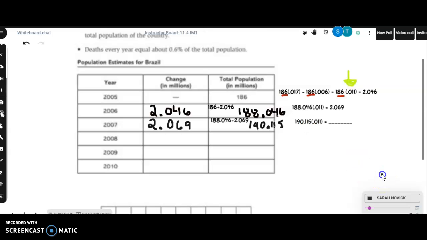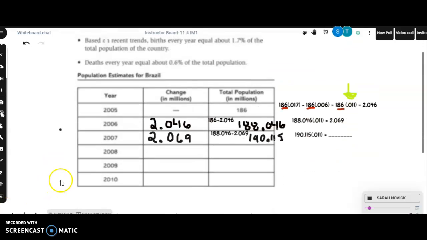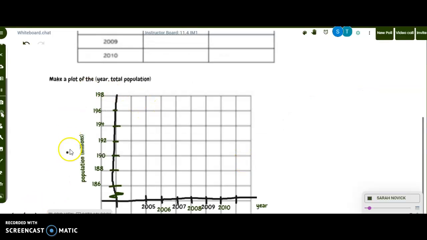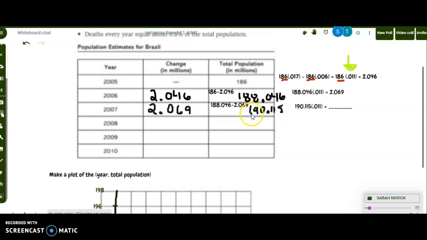All right, we have three data values in here, and we're going to work next on plotting them. Our last task is to make a plot of the year and the total population. Let's look at our first data points together. Our first year is 2005, and our first data point is at 186.